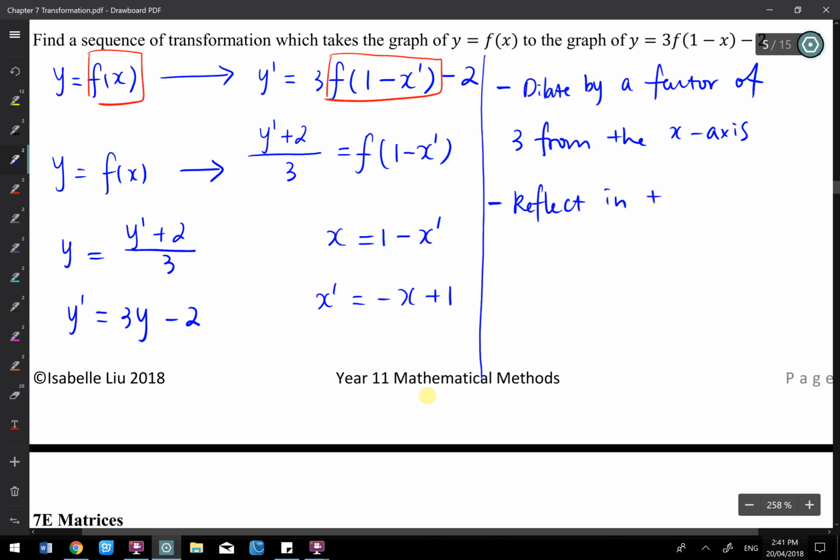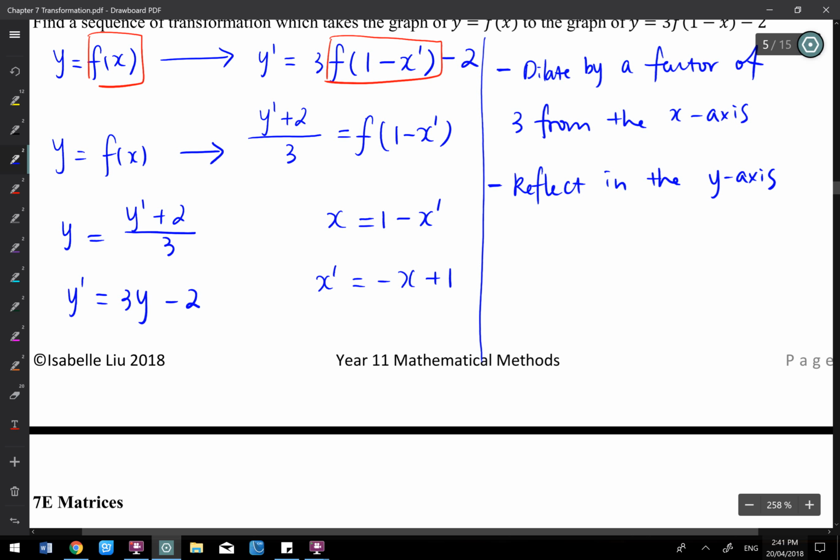Reflection: reflect in the y-axis. Translation: translate 1 unit to the right and 2 units down.